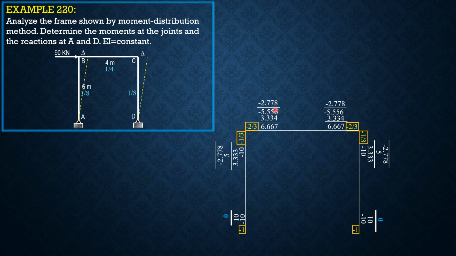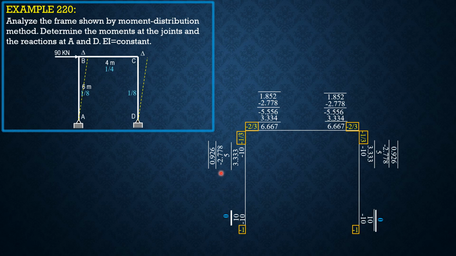So distribute: negative 2.778 times negative 2/3 is 1.852. Negative 2.778 times negative 1/3 is 0.926. Negative 2.778 times negative 2/3, 1.852. Times negative 1/3, so 0.926.